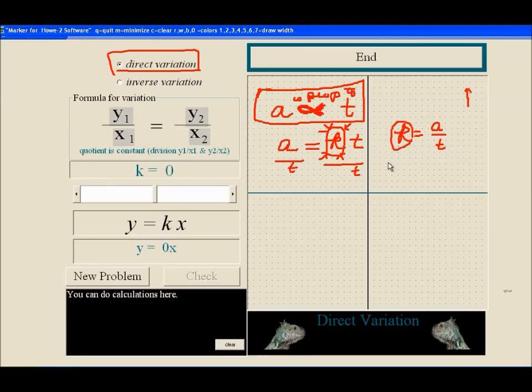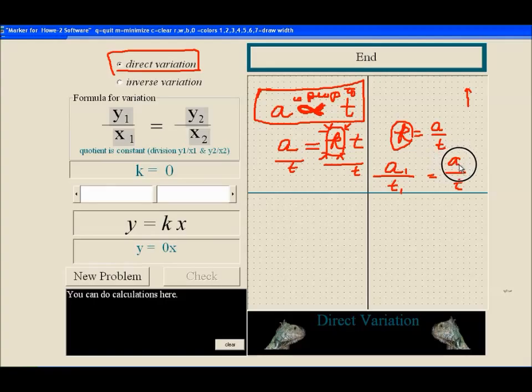So if we were going to do experiments and we said, I found out that at a certain temperature, I could get 4 ounces of sugar, and I wanted to know how much I could dissolve at a different temperature. So I'm going to have the amount for the first experiment, the temperature for the first experiment.